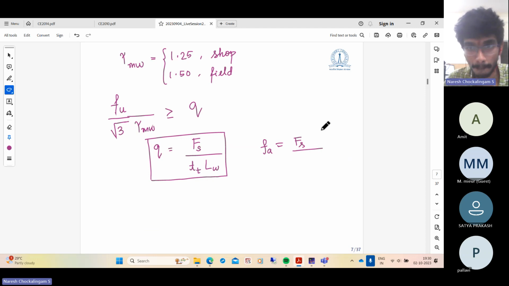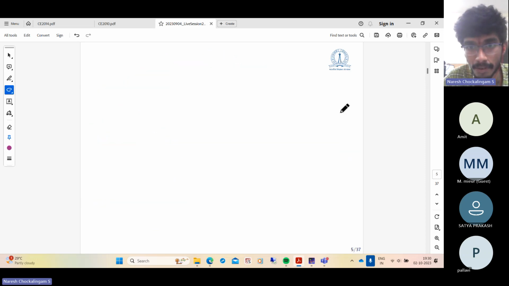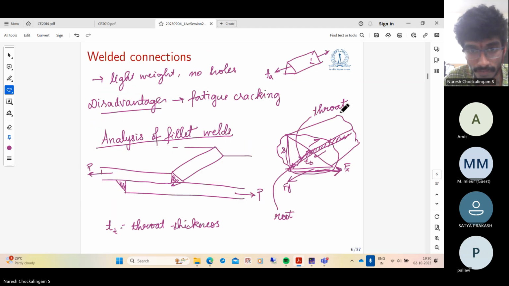So you can have whatever area is resisting the tension. So you can have tension either along the length of the weld, or you can have it along this direction.